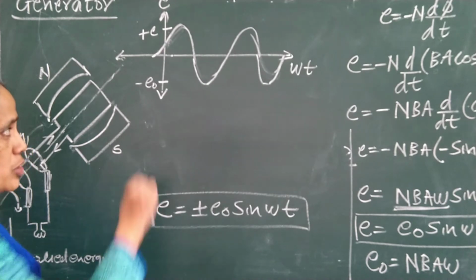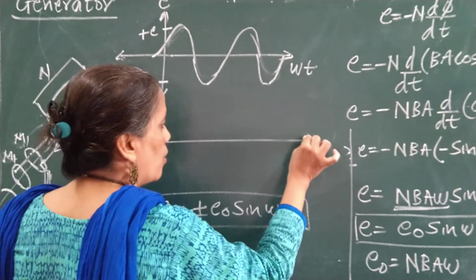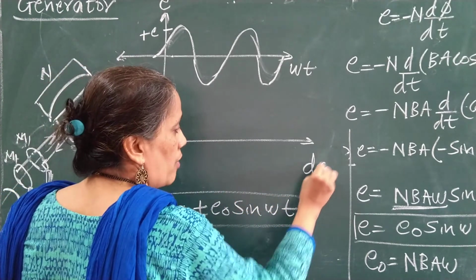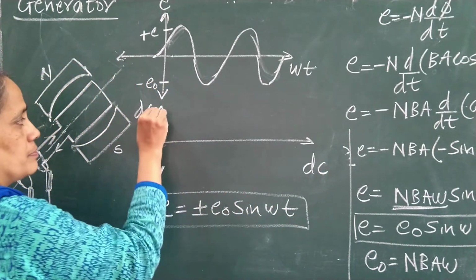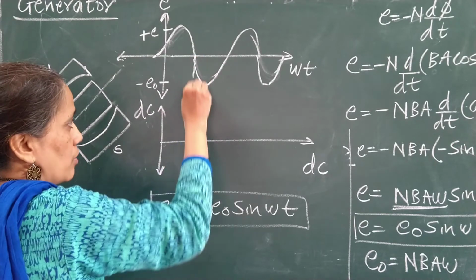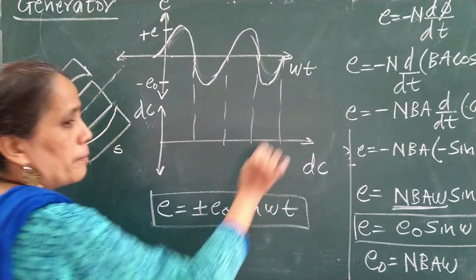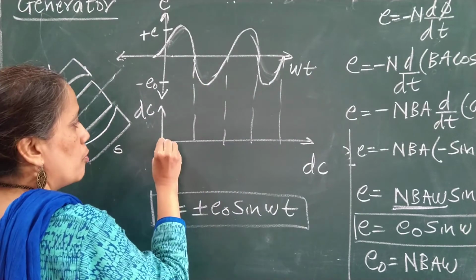But to operate a DC motor, we have to convert that AC voltage into DC voltage. So for DC voltage, I have to convert the negative pulses, the negative EMF, into positive.